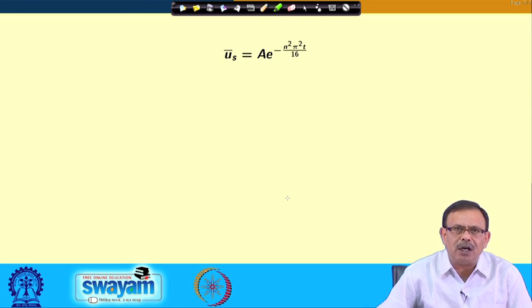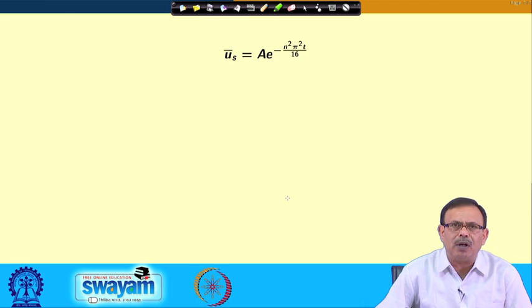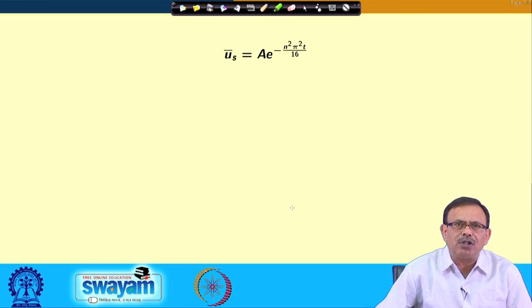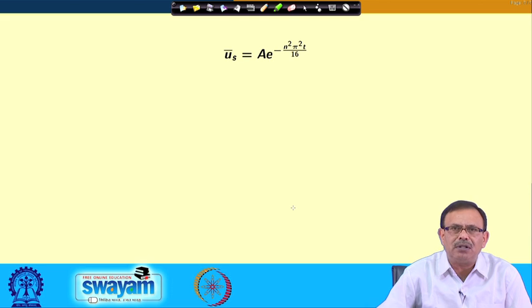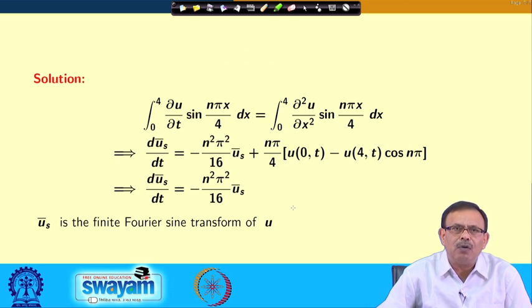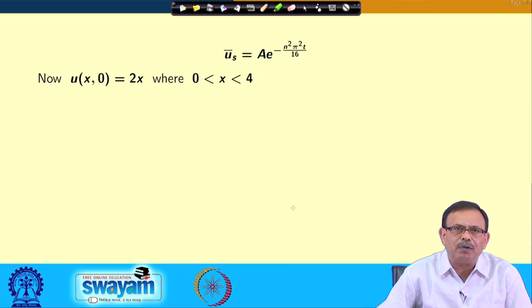Once I get this, I can obtain u bar s equals some constant a into e to the power minus n square pi square t by 16. This is the solution of the ODE which I obtained, that is d u bar s dt equals minus n square pi square by 16 into u bar s. So, I have to find the value of a. I know u(x,0) equals 2x when x lies between 0 and 4.